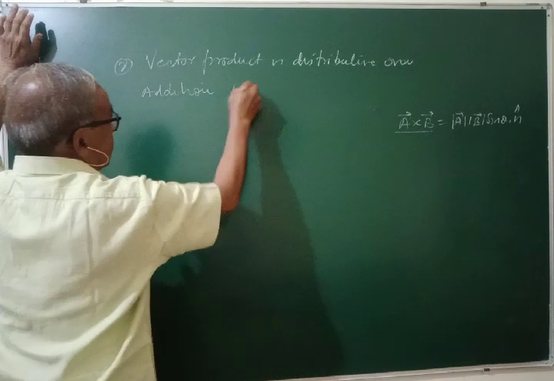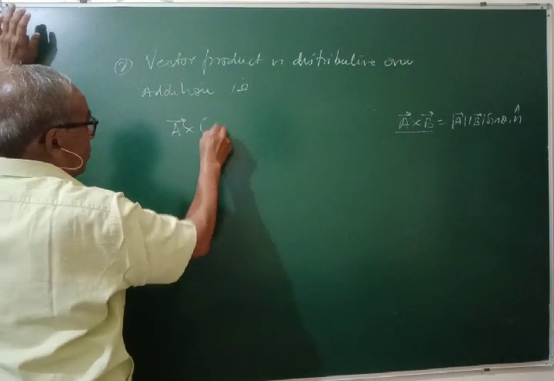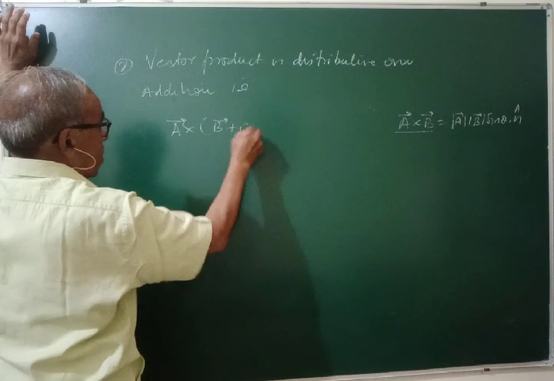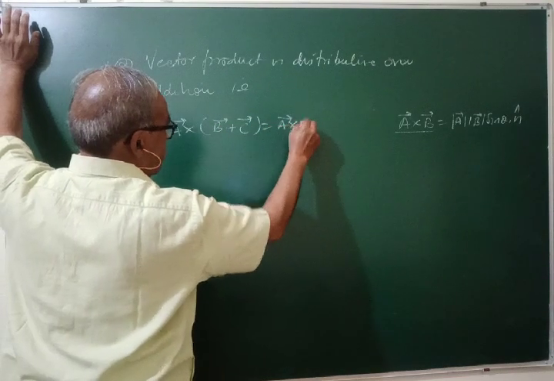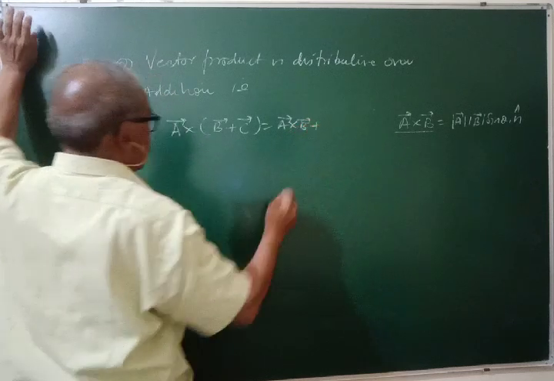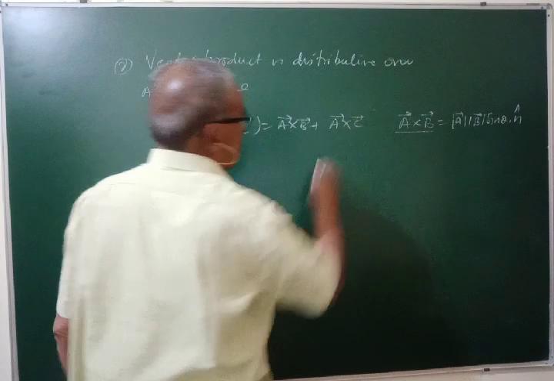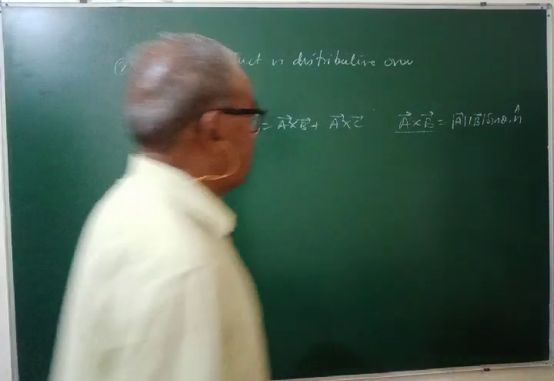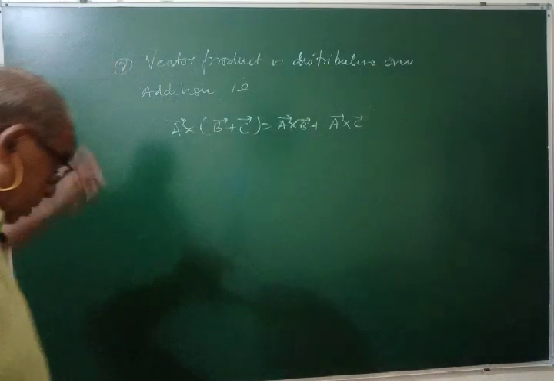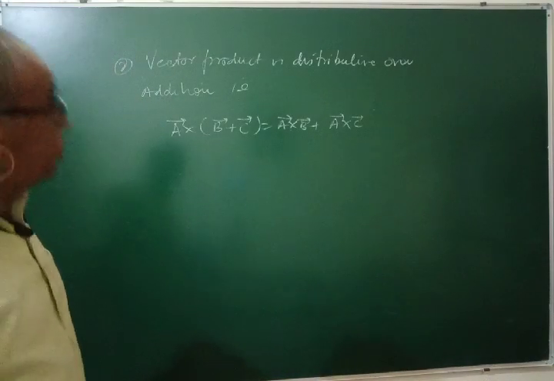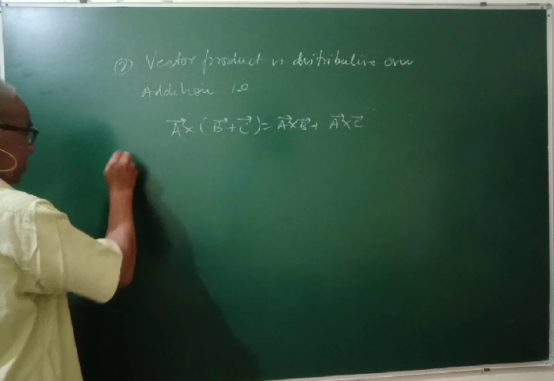That is vector A cross B plus C is equal to vector A cross B plus A cross C. It can be like this also. So vector product is distributive over addition.